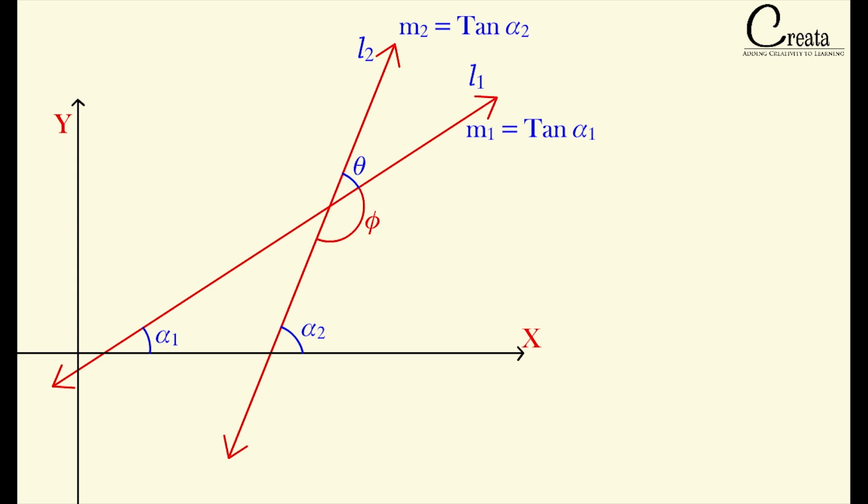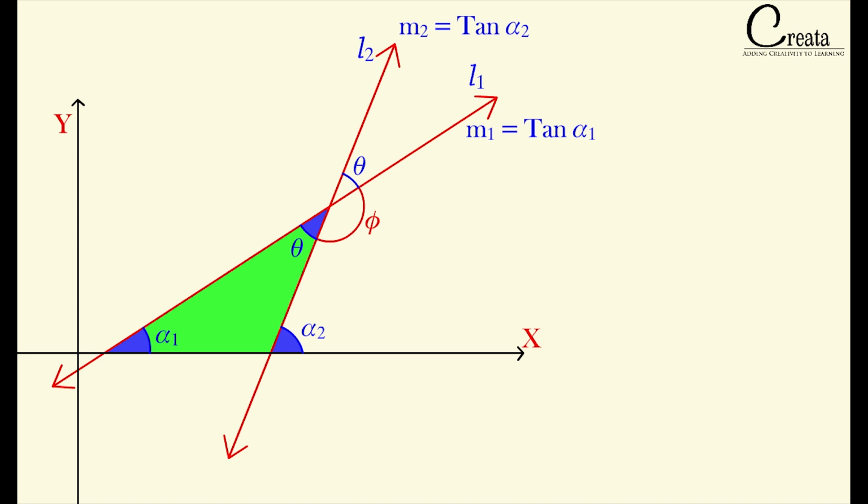If you observe this figure, are you able to observe a triangle inside it? This is the triangle, and alpha 2 is the exterior angle for this triangle, alpha 1 is an interior angle, and this other interior angle will be equal to angle theta, as these are vertically opposite angles. So we have two interior angles for this triangle and one exterior angle.